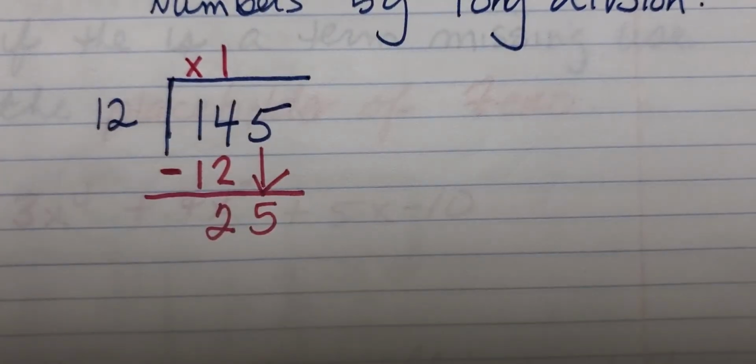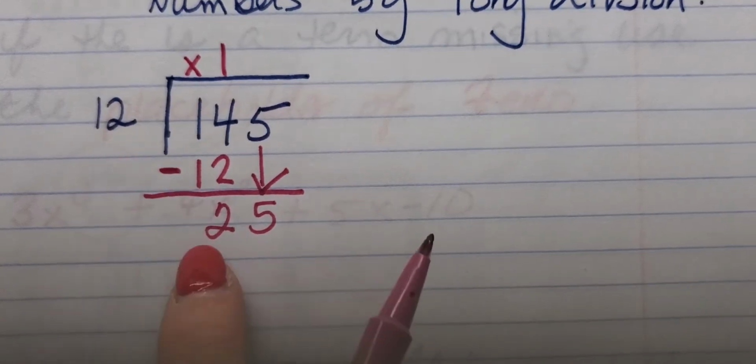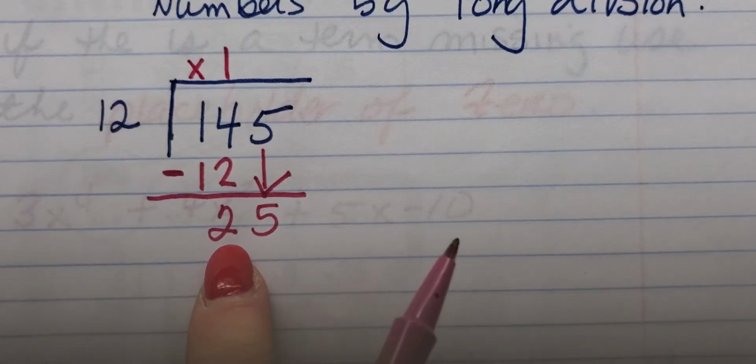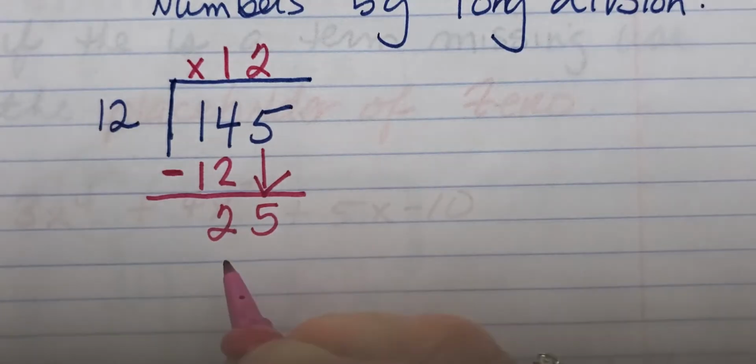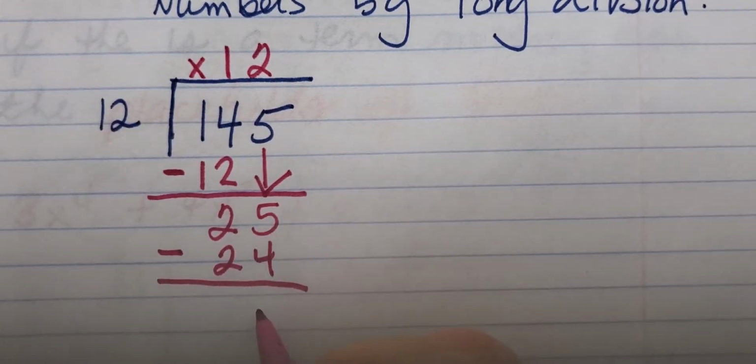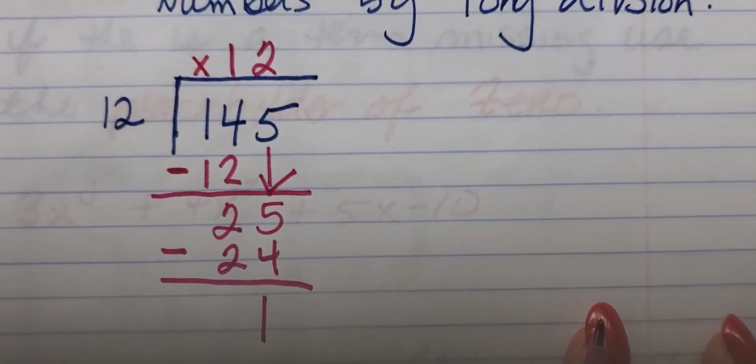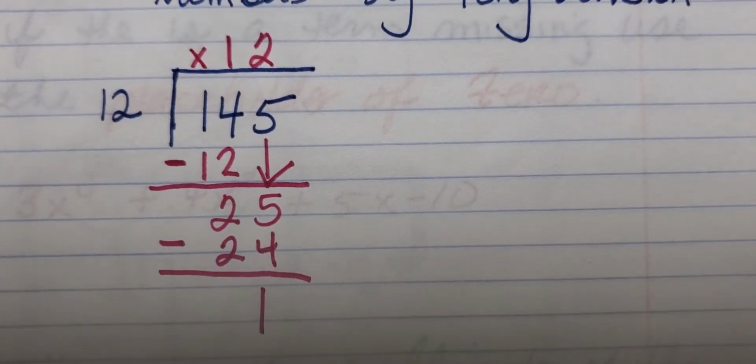Okay, and I like to put an arrow. And then I'm going to see how many times 12 goes in here. 25, well, that's about 2. That's 24. Then we're going to subtract again, and we're going to get 1. And if you remember in middle school, what did we call that? We called that the remainder.